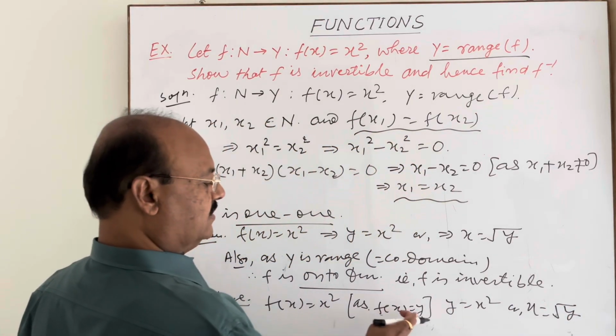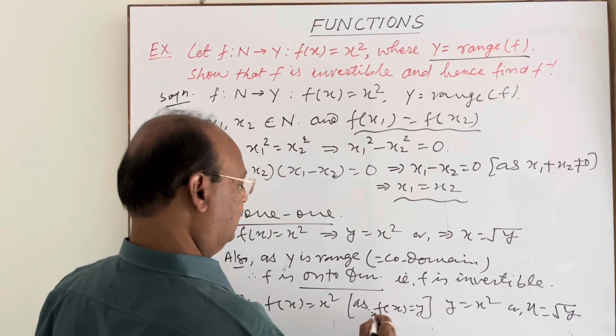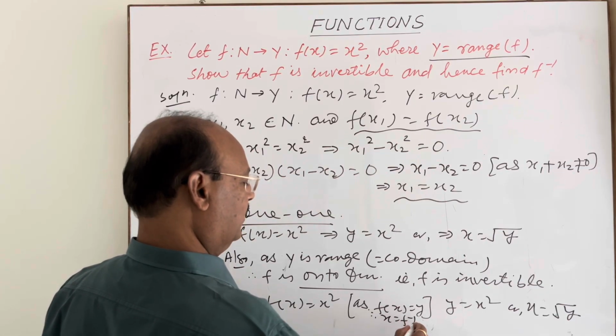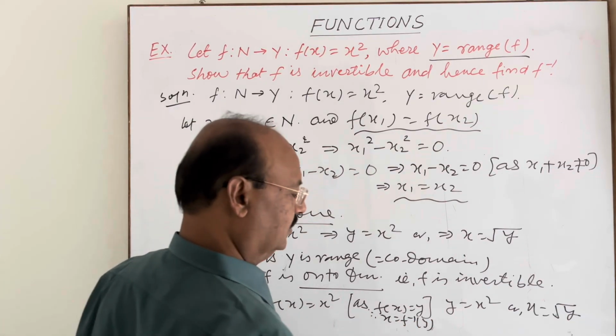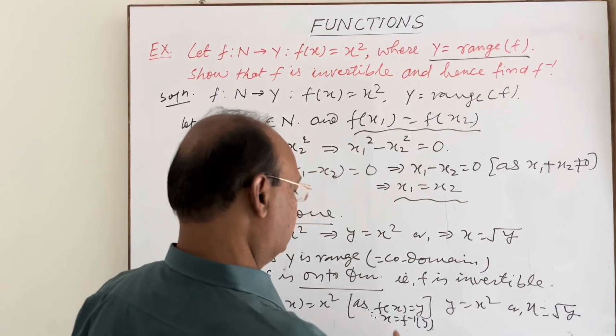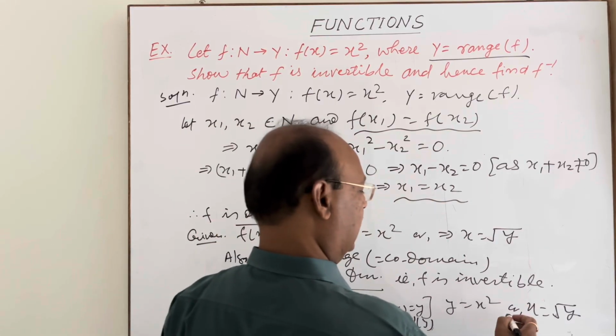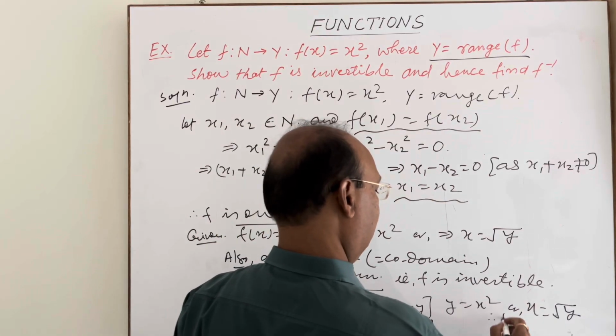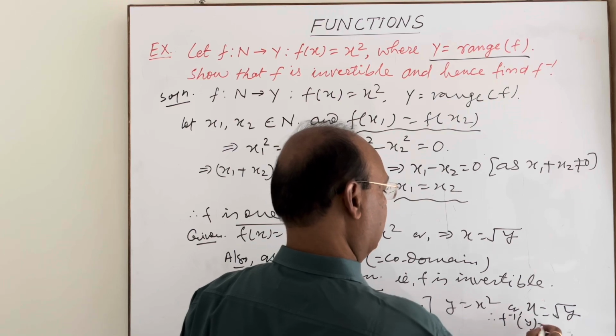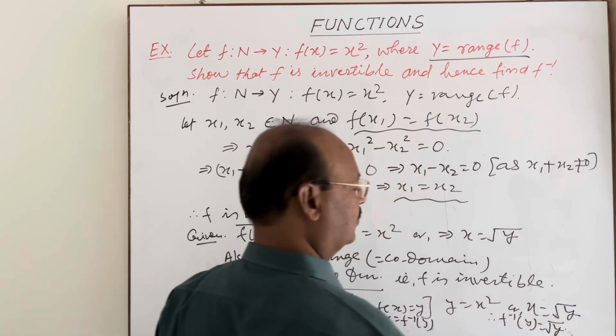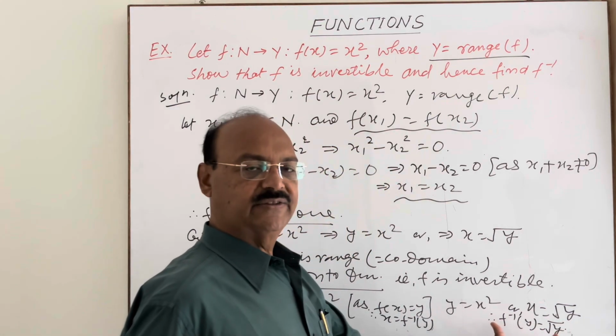Now as f(x) is equal to y, so therefore x is equal to f inverse of y. Correct? So in place of x, now we can write, therefore f inverse of y is equal to square root of y. This is the inverse function.